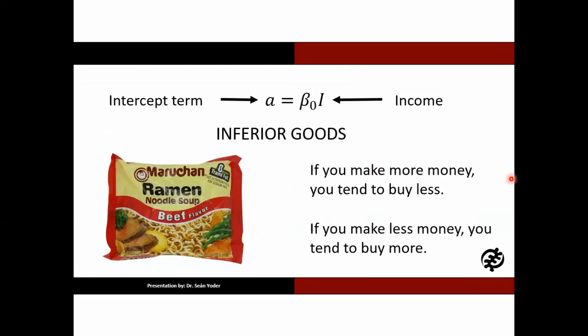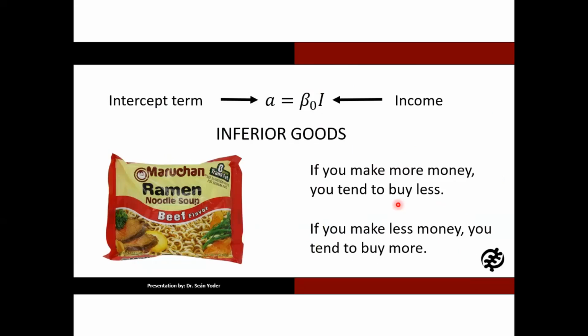Here's an example of inferior goods. When I was a college student, I practically lived off these things. Now that I am not a college student and I actually have decent income, I don't want to eat these. So for inferior goods, it doesn't mean that it's bad. It means that it has an inverse relationship between the demand and income. So if you make less money, you tend to buy more.